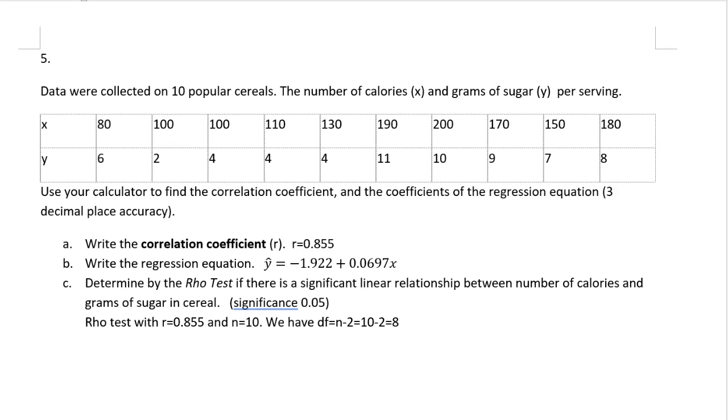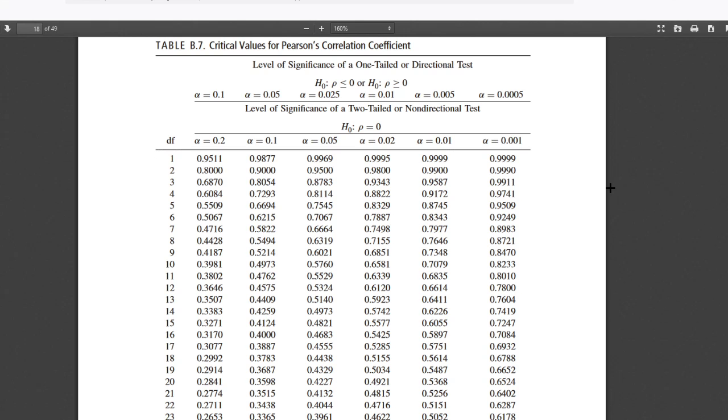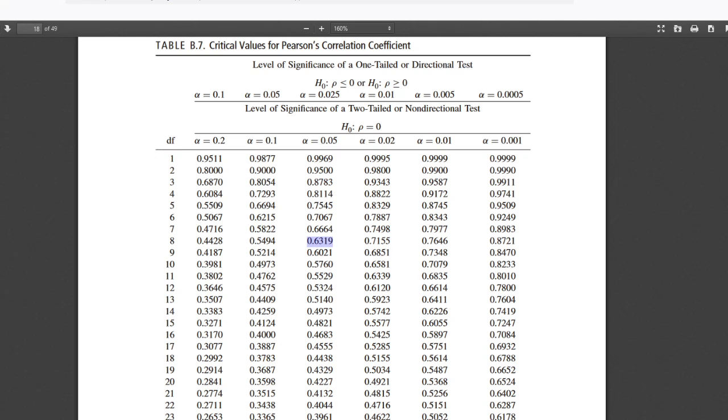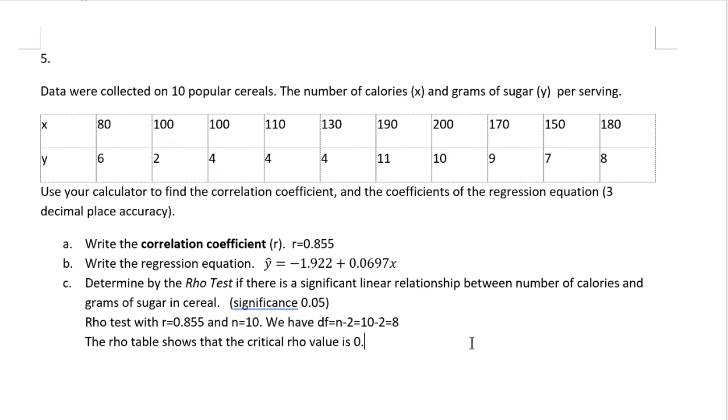So with those two, we can use the rho table. Here's the rho table with the degrees of freedom 8, so 0.6319, right? So the rho table shows that the critical rho value is 0.6319.